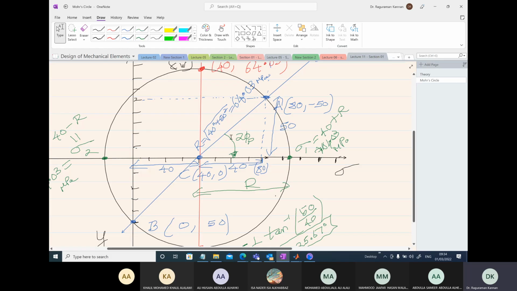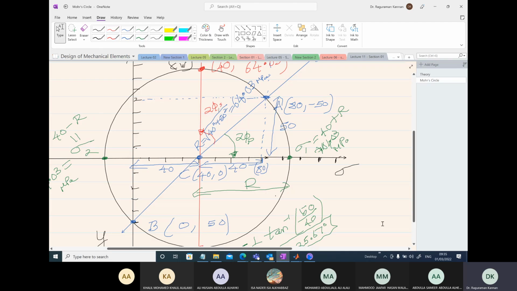The angle between the principal stress and the shear stress is 45 degrees, plus or minus 45 degrees. Now let's suppose that we want to find the angle with respect to the x-axis. In that case, from the x-axis in the anticlockwise direction, I measure this angle and write it as 2 phi s.